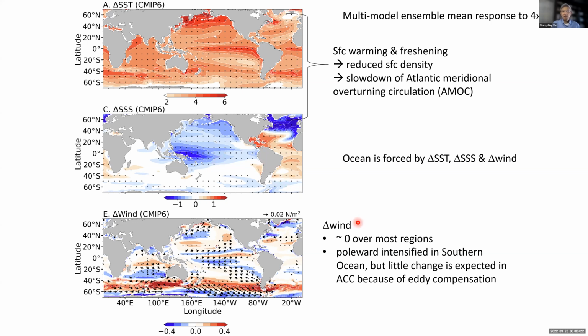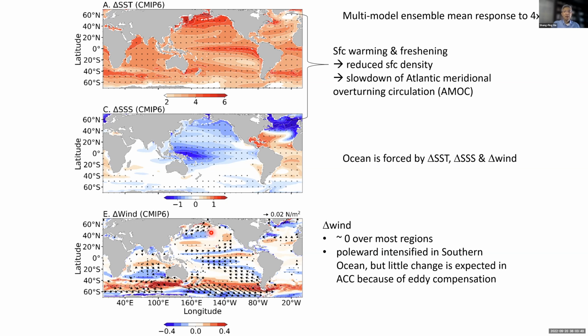And a little surprise to some of you in the audience is that the wind change in response to CO2 increase is rather incoherent. You see they tend to be small scales, and especially among models, they are highly variable.